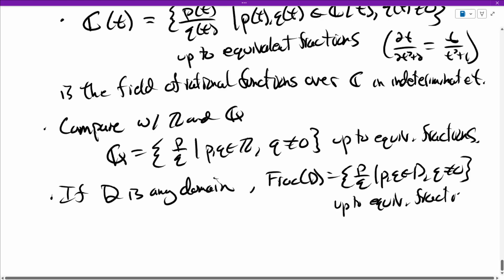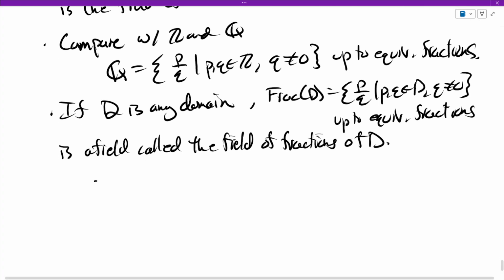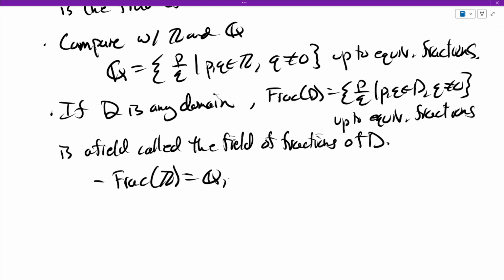And this is a field called the field of fractions of D. In particular, frac Z is Q, and frac C adjoin T is C parentheses T.